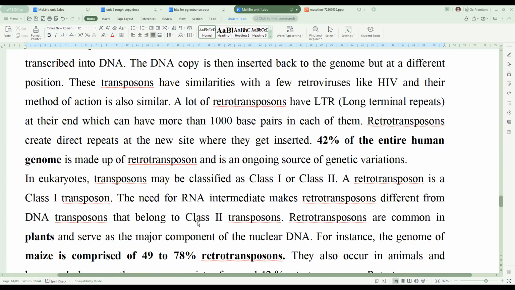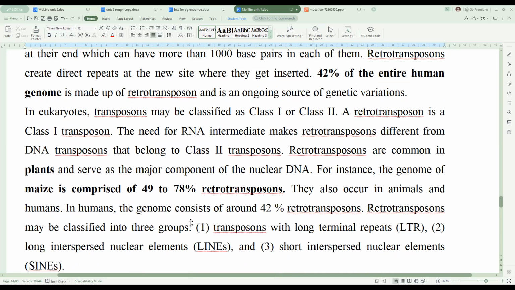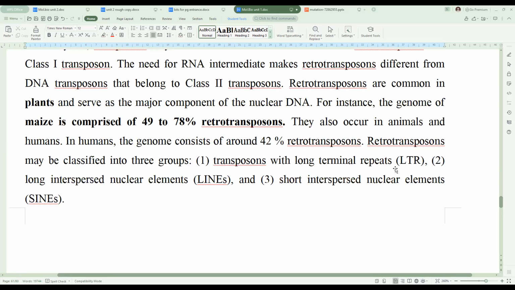About 42% of the human genome is comprised of retrotransposons. They can have long terminal repeats, and they are called LINEs, long interspersed nuclear elements, or SINEs, short interspersed nuclear elements. These are the names of retrotransposons present in humans.